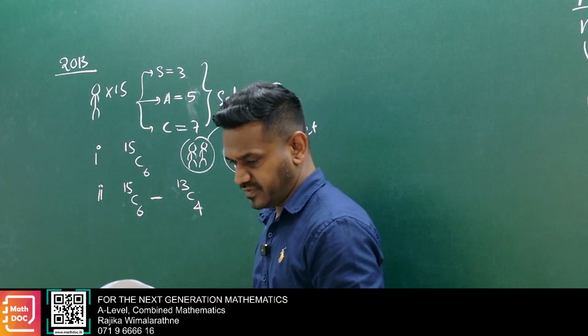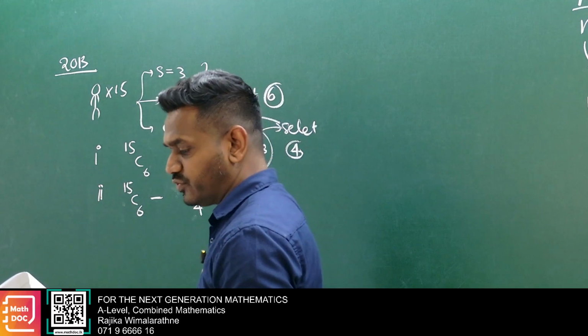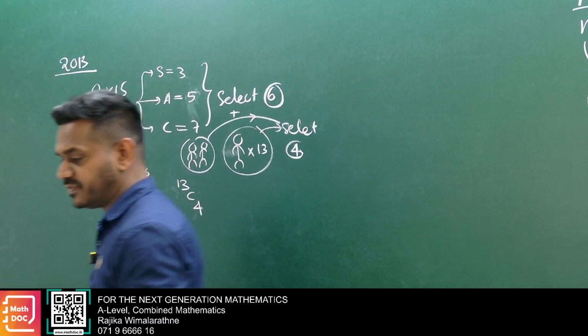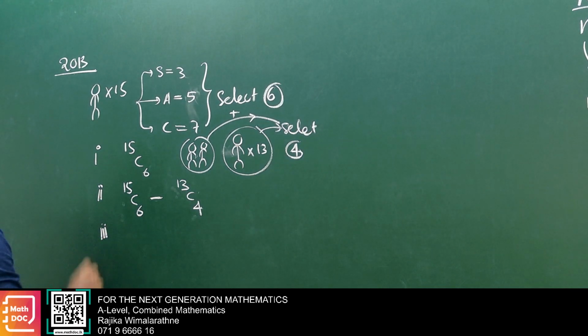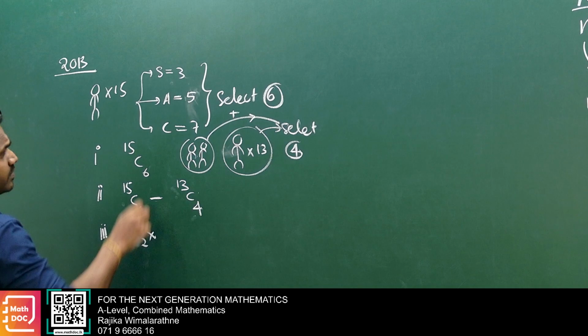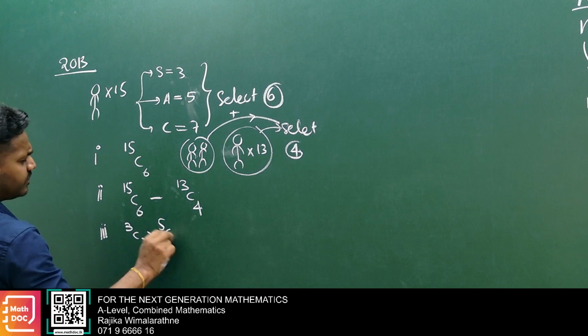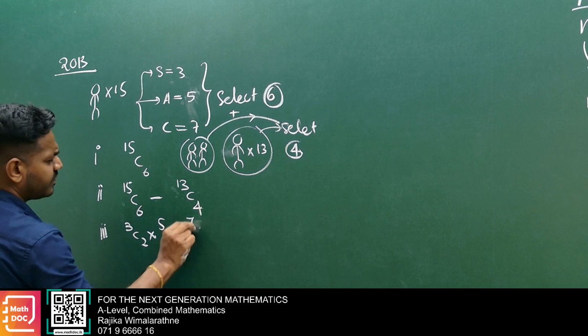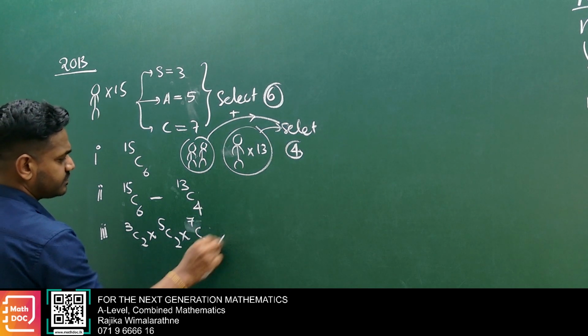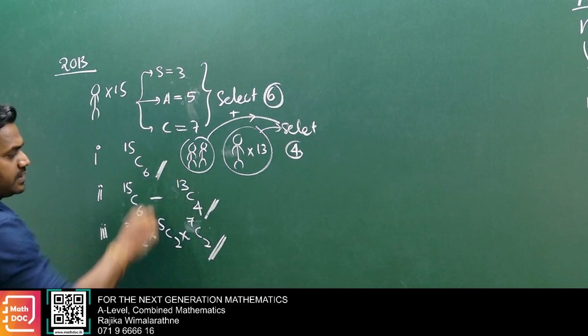Then second one, 2 students from each of the subject streams need to be selected. Then third one, from science we have to select 2, from arts you have to select 2, from commerce you have to select 2. Here it is, simple question.